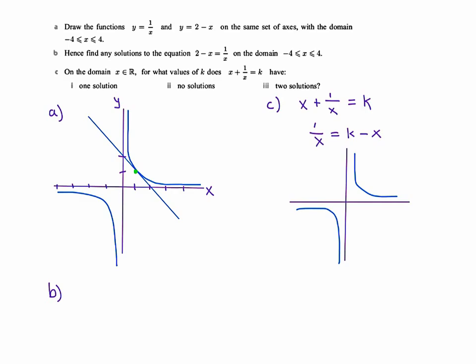B, hence, which means use the information above, find any solutions to the equation 2 minus x is equal to 1 over x on the domain of -4 and 4. So when two graphs are equal, that means where they intersect.